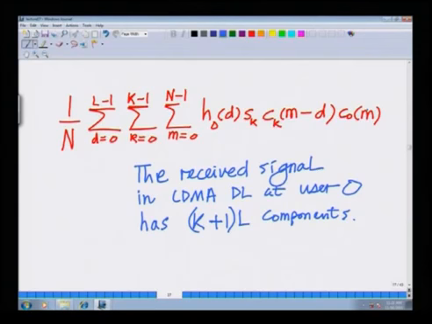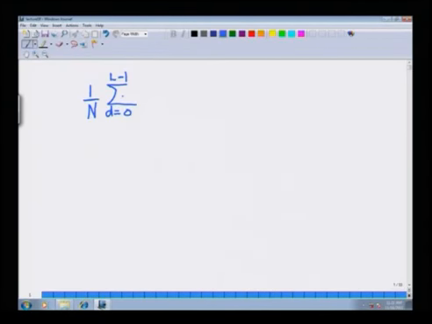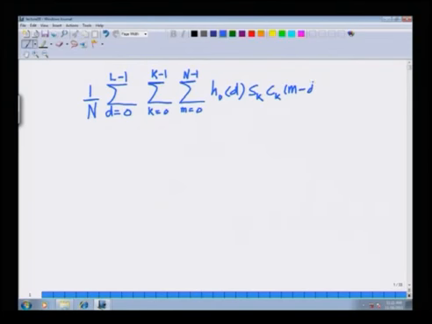So, let me resume with that analysis: the summation over d equals 0 to L minus 1, the summation over k equals 0 to K, the summation over m equals 0 to N minus 1 of h_0(d) times s_k times c_k(m minus d) times c_0(m).